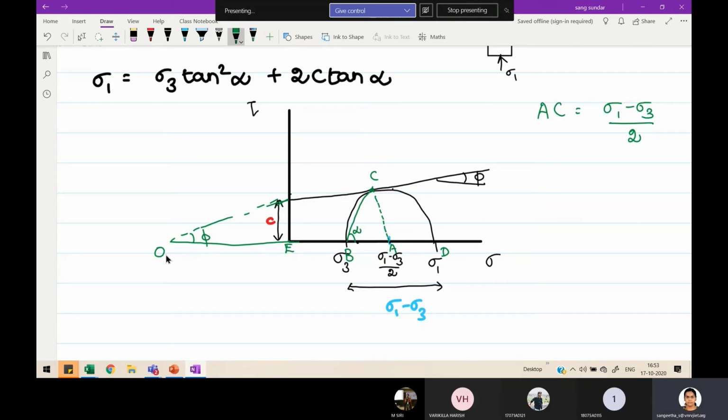Now I wish to know how much OE is. Shall I take tan phi? In triangle OCE, which is a right triangle, tan phi is equal to C by OE. So OE is equal to C by tan phi. What is OE equal to? C cot phi.